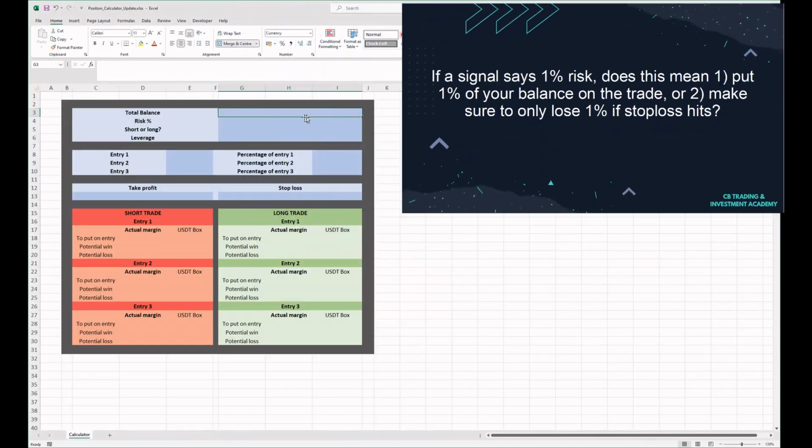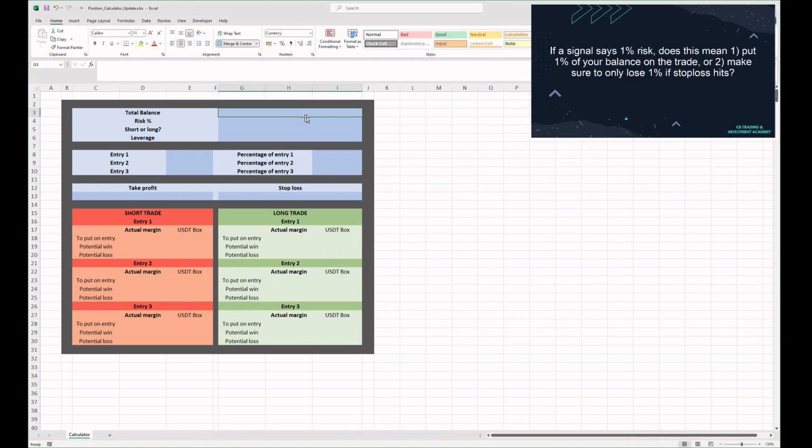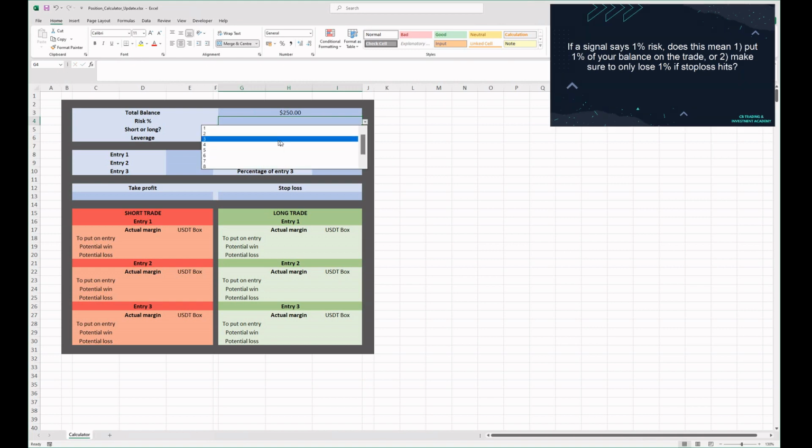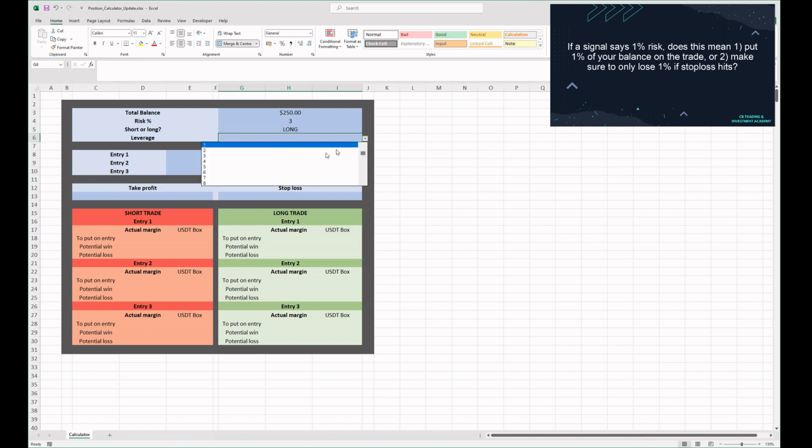Let's say there is a signal which says 3% risk, and you're trading with $250. Just for example purposes, we have a long trade on a 10-time leverage.